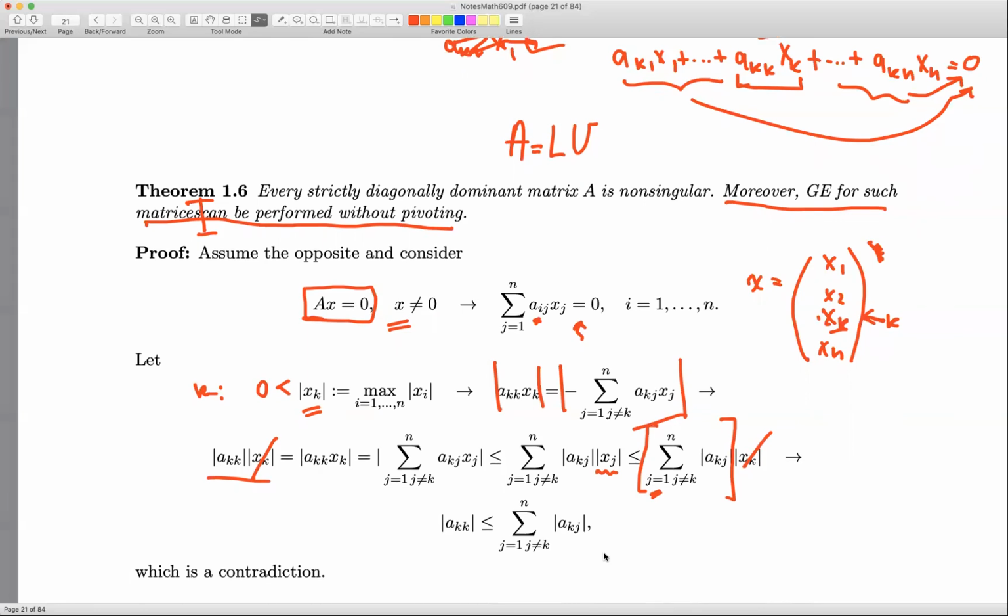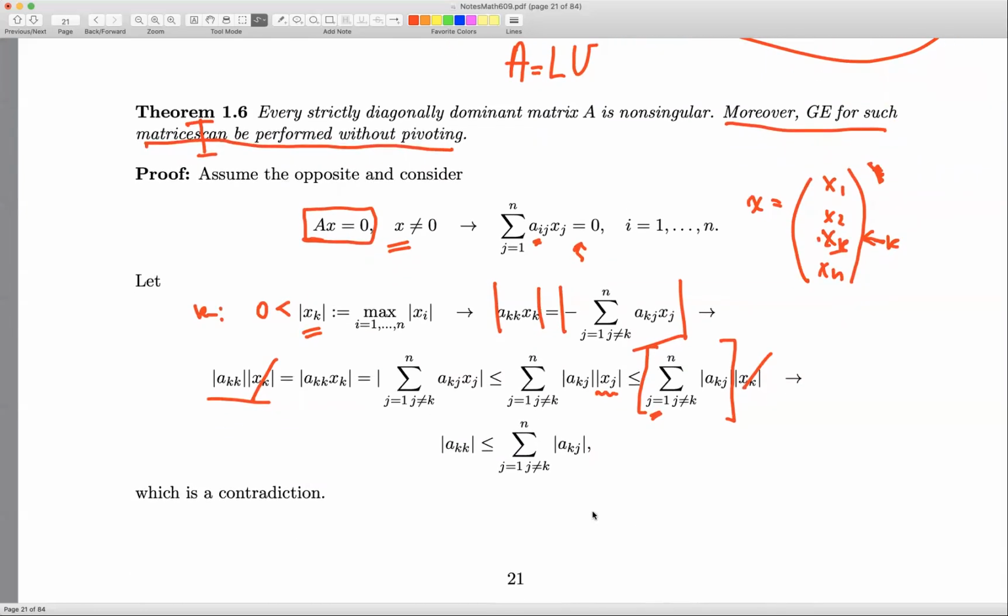So what does this mean? If we look at the kth row of the matrix A, ak1 and so on, akk and so on, akn, the element on the main diagonal, akk, in absolute value is less than or equal to the sum of the absolute values of the other elements in the row.